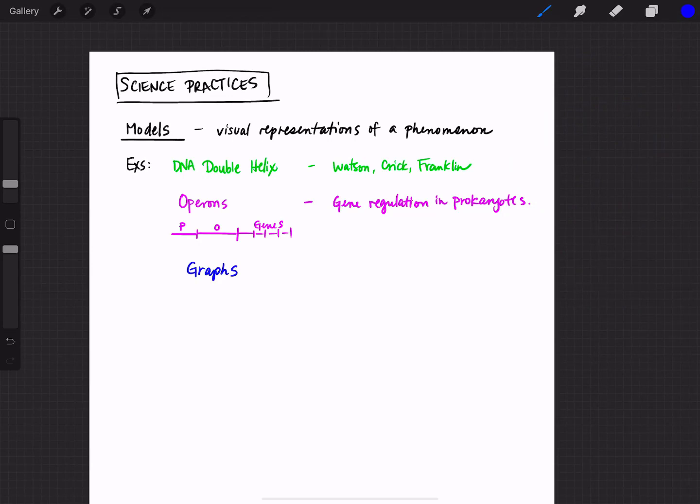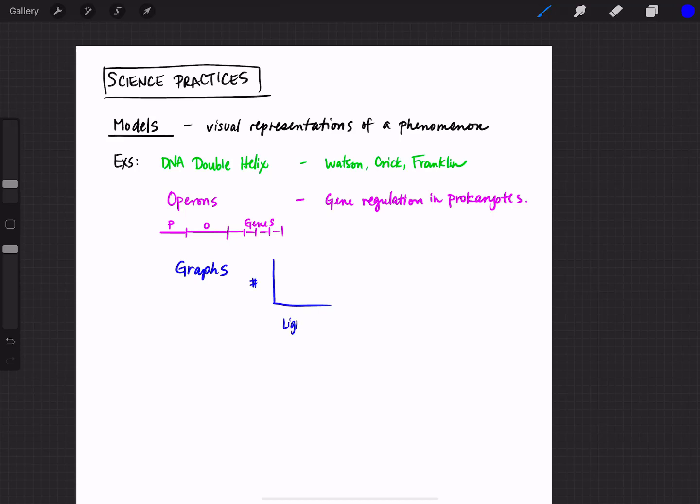Okay, graphs can also serve as models. A lot of people don't remember that graphs are important models. So anytime you're being asked to create a model, keep in mind that you can produce a graph.